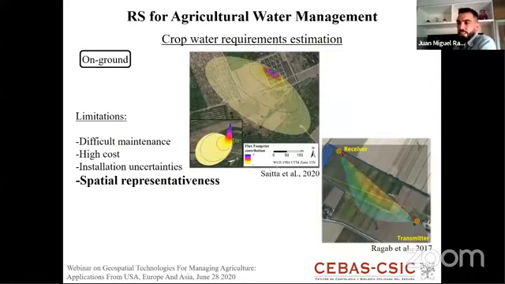And finally, the spatial representativeness of the measures needs to be also taken into account. Generally, these techniques refer to local measures being representative of only a very limited area, which may not be valid for even NDVI regions.